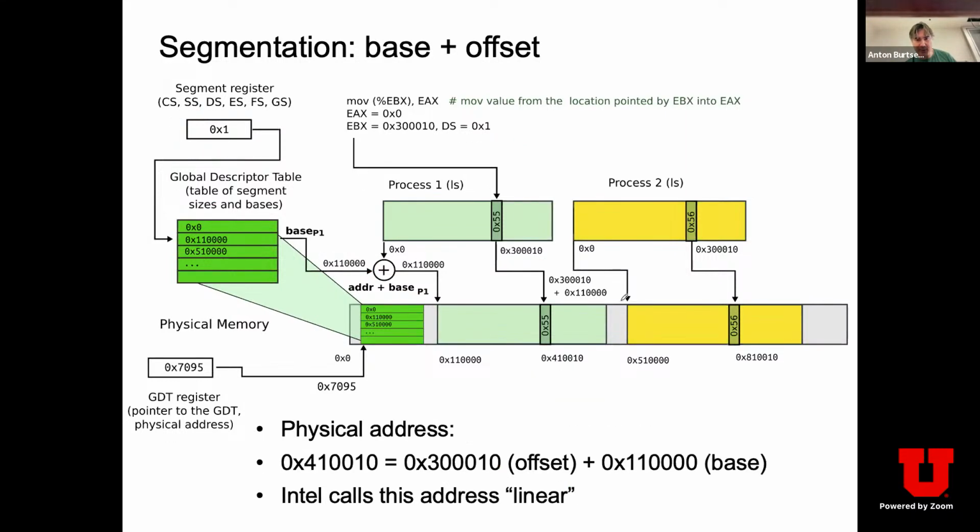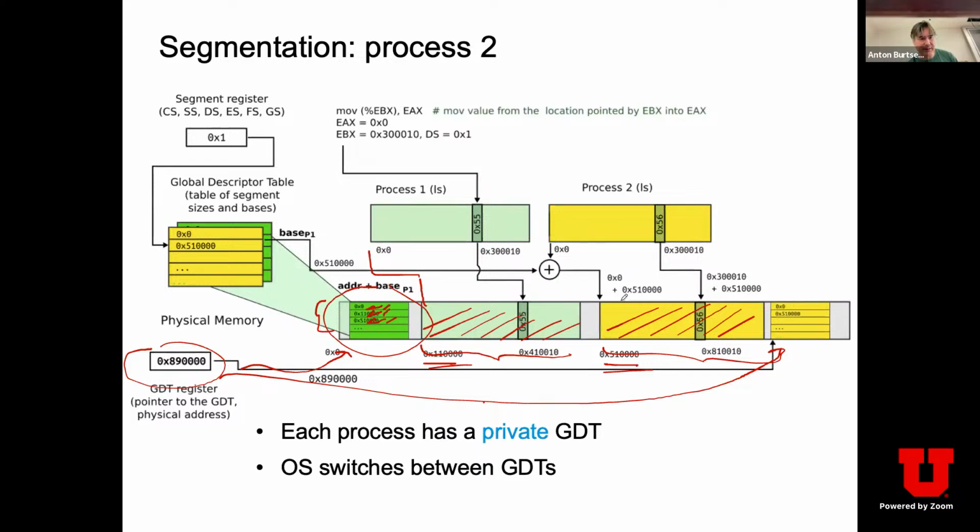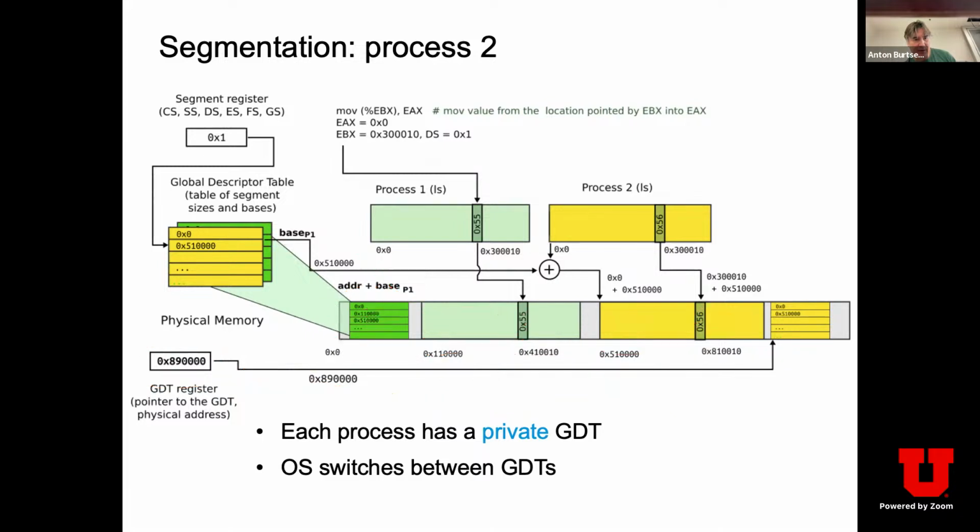For example, in this slide, it's maybe not the best slide to explain, but imagine this green one invokes a fork. Fork leads you to the operating system somehow, which I haven't explained yet. The operating system has a global descriptor table which allows it to access the entire memory.